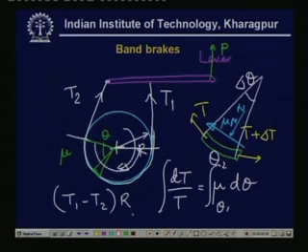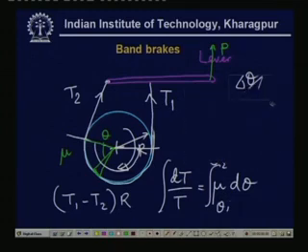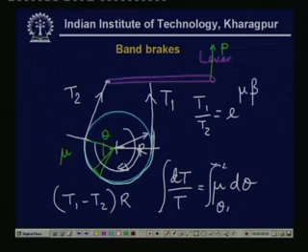What we get is the following very well known relationship: T1 by T2 is e to the power mu times beta. Beta is the total angle of wrap, that is the angle through which this band is wound around the drum.